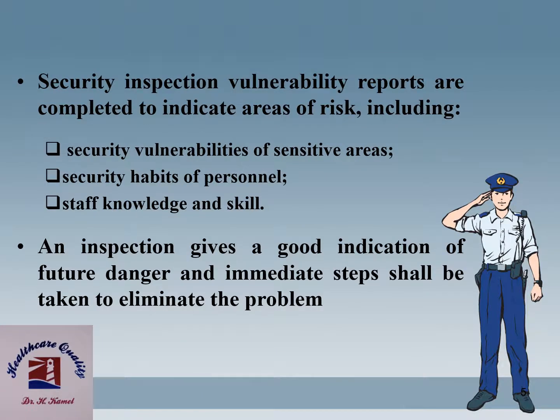Security inspection vulnerability reports are completed to indicate areas of risk, including security vulnerabilities of sensitive areas, security habits of personnel, and staff knowledge and skill. An inspection gives a good indication of future danger, and immediate steps shall be taken to eliminate the problem.